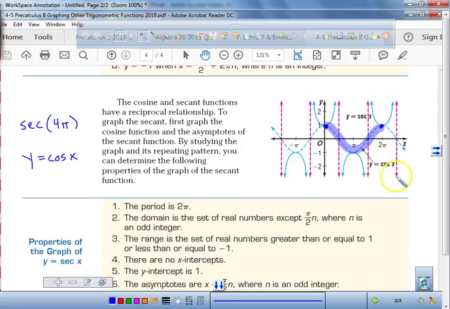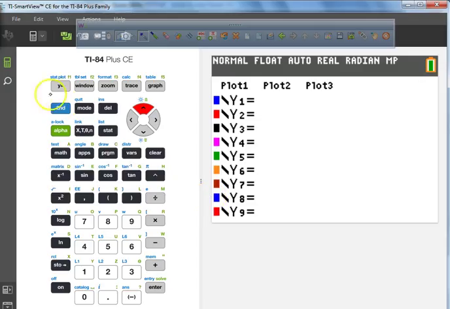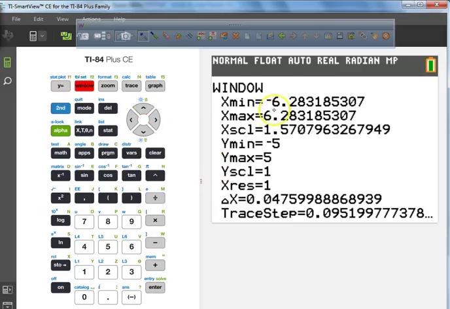So what I want you guys to do right now, we're going to turn on our graphing calculators, and we're going to graph this together. So turn on your graphing calculators. I'm going to go from negative 2 pi to positive 2 pi. I'm going to make my x scale at pi over 2.